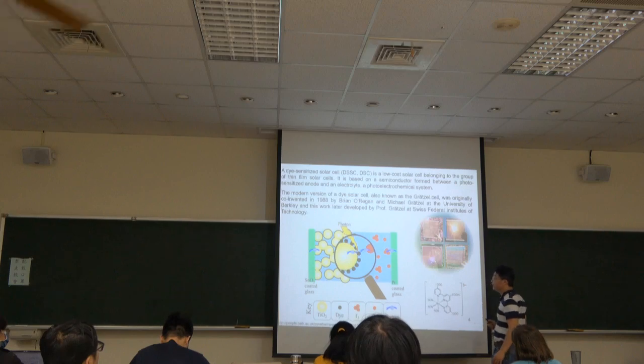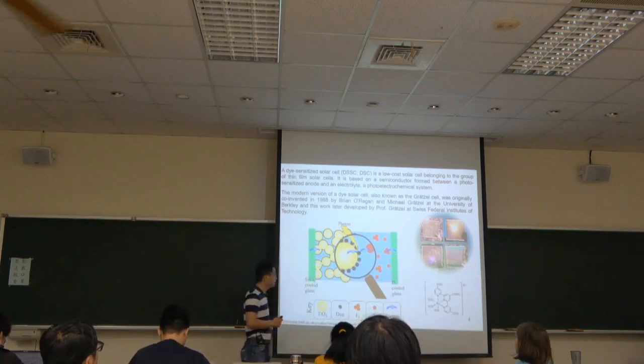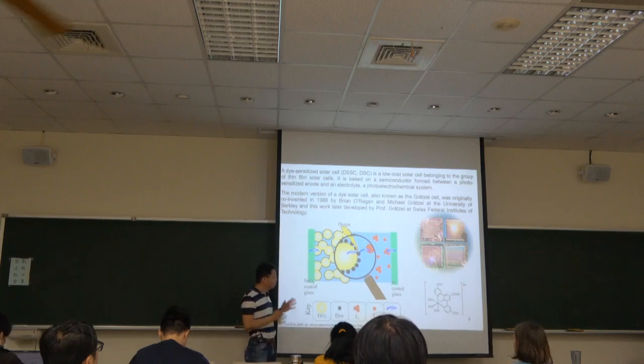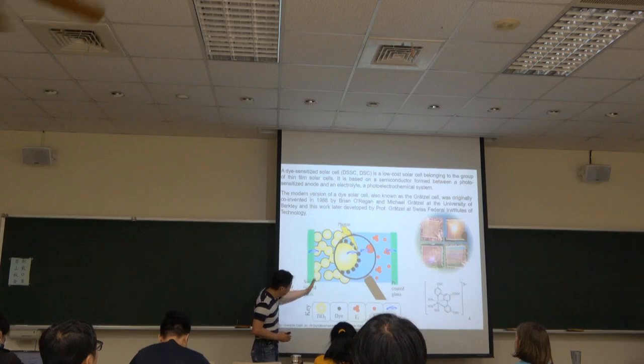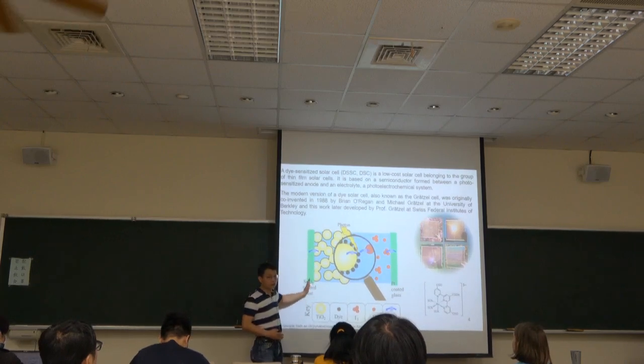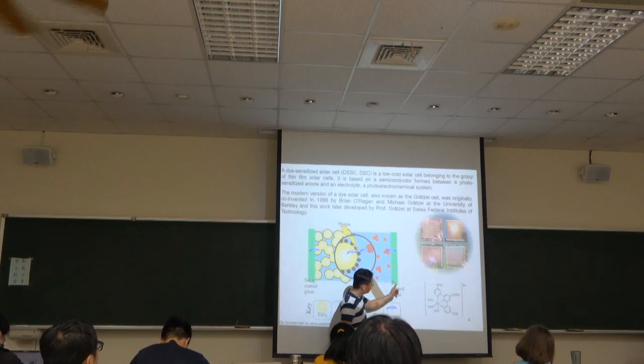Because the major structure of the dye-sensitized solar cell actually looks like a sandwich structure. You have the SnO2 coated glass, so-called ITO, and here is another ITO with deposited palladium, Pt.